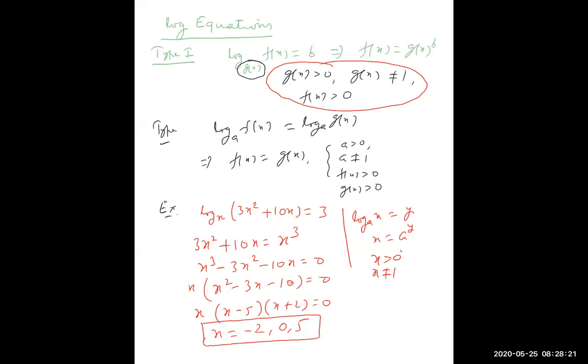Why? Because this is the base, and the base must be positive, cannot be equal to 1. So these two things I will reject. That means x equal to 5 is the only solution.